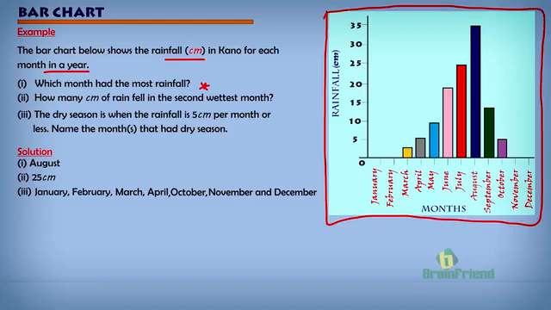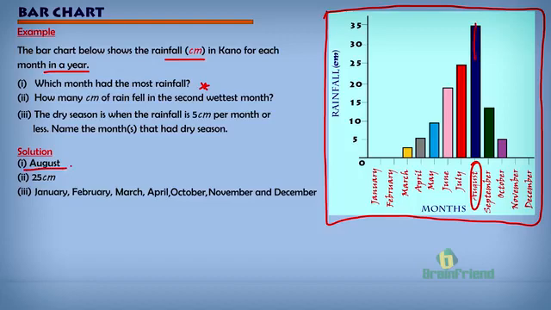The month that has the most rainfall will simply be the month that has the longest or tallest bar in the bar chart. If we take a scan, we'll notice that the month of August has the longest bar in the chart. So August becomes our answer. August is the month that has the most rainfall.